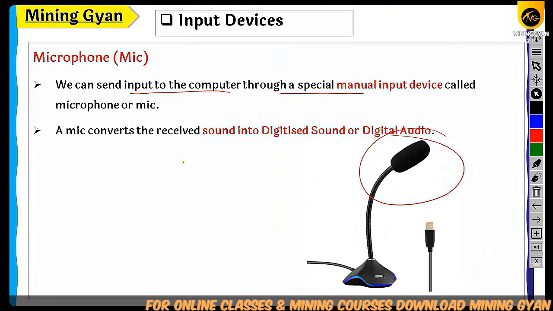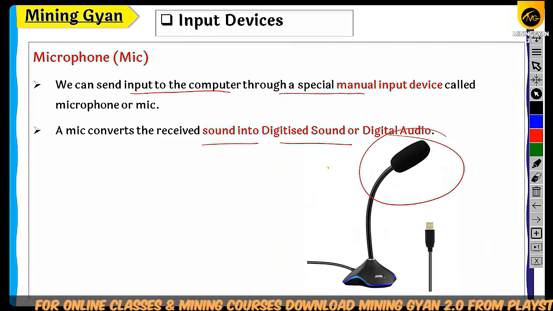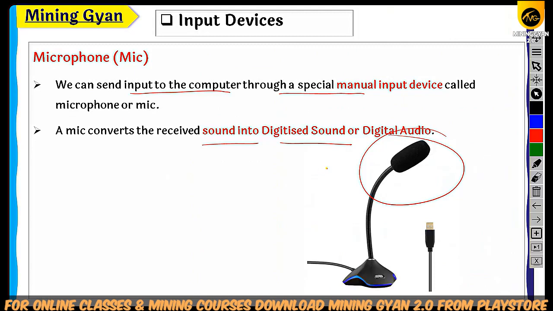A mic converts the received sound into digitized sound or digital audio, which is also a type of input device that can give input to the computer or CPU.